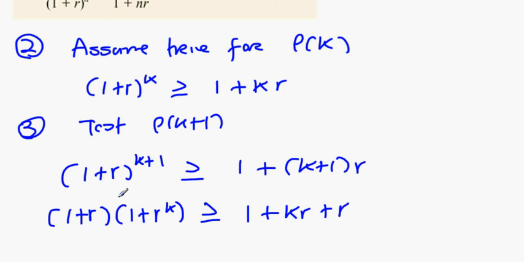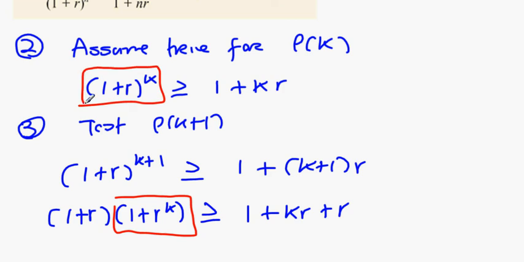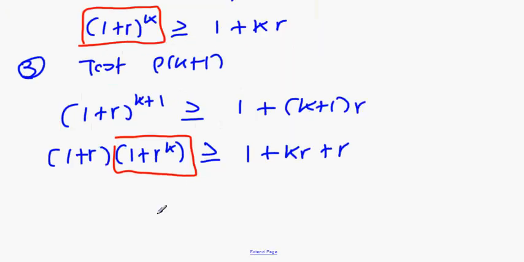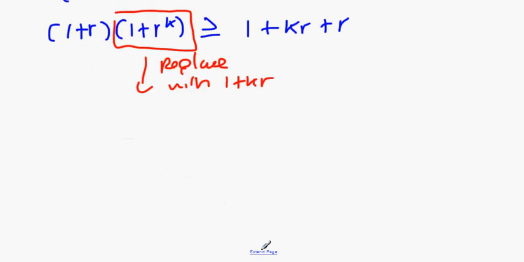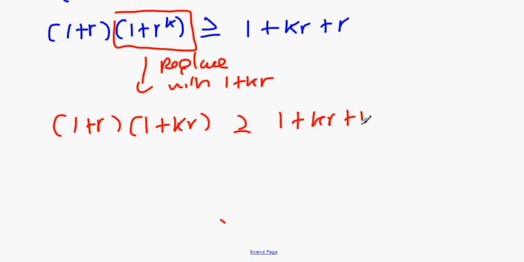Now we're going to replace this number here with a smaller number. We're going to replace it with 1 plus kr. And then we get 1 plus r into 1 plus kr is greater than or equal to 1 plus kr plus r.